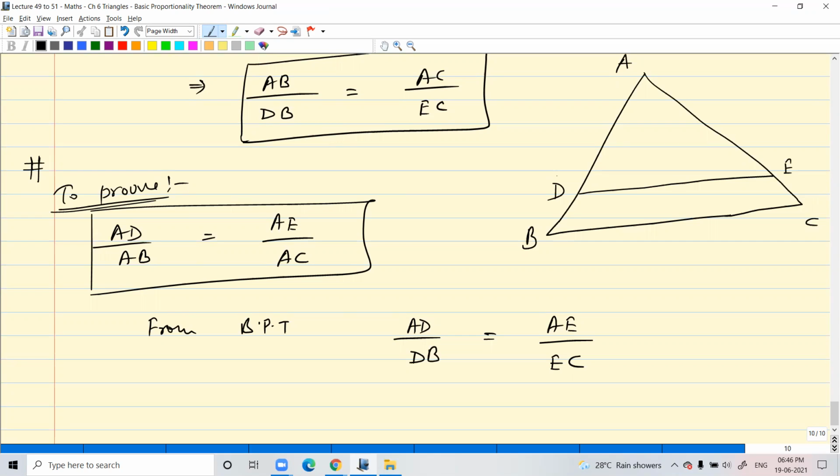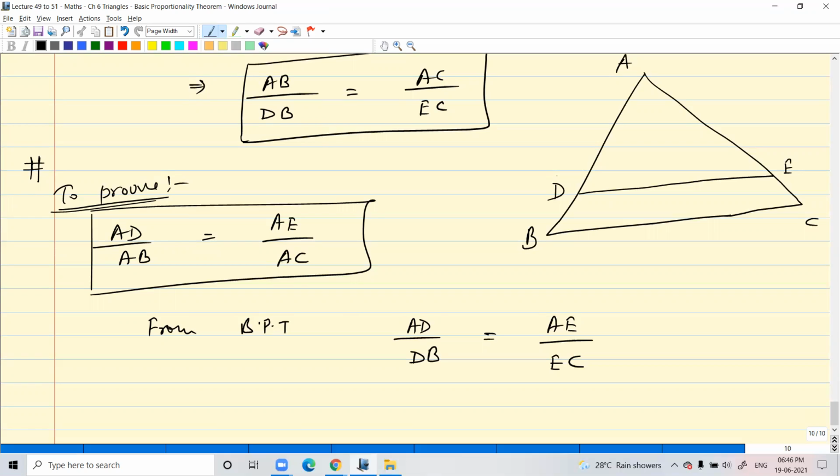But in general, Sir, I have a doubt, sir. When we are proving that AD by DB is equal to AE by CE, then we prove that AD by AB is AE by AC, sir. So we can also write it as BD by AD and CE by AE.